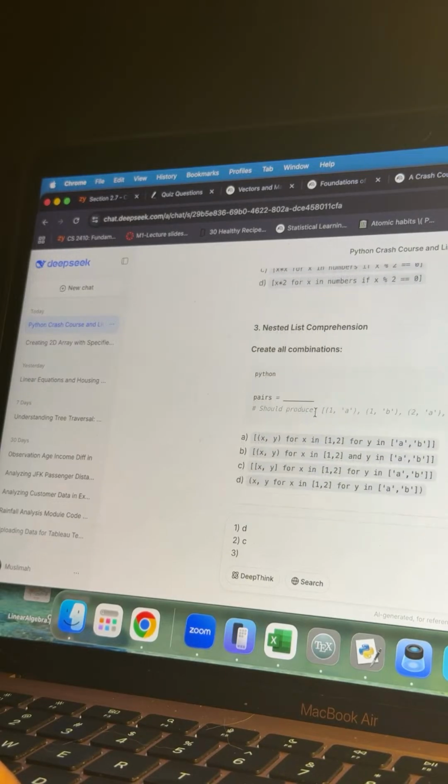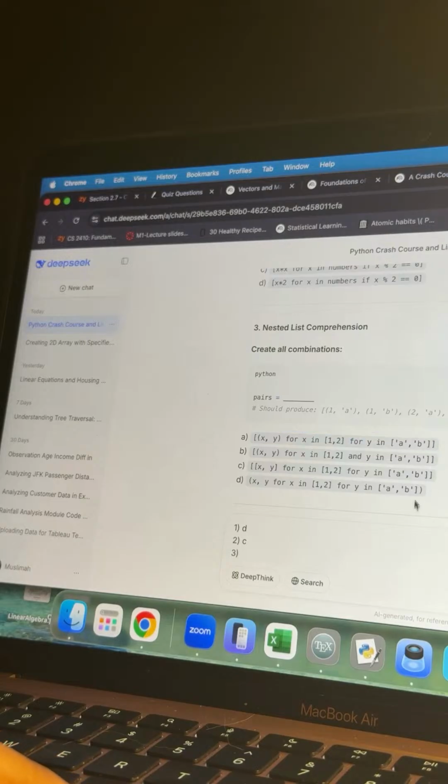So nested list comprehension. Create all combinations. Should produce 1A, 1B, 2A, 2B. Hmm. I guess the real question here is, should there be brackets or parentheses?